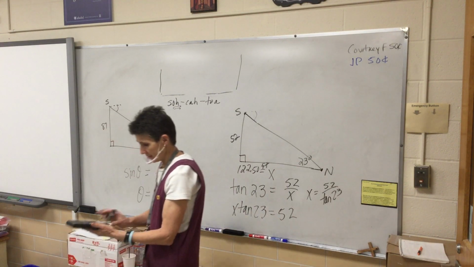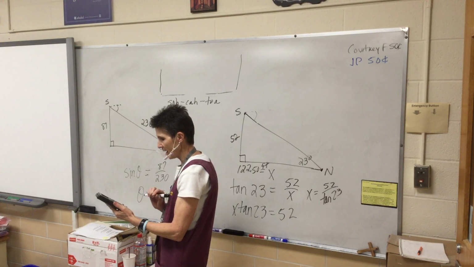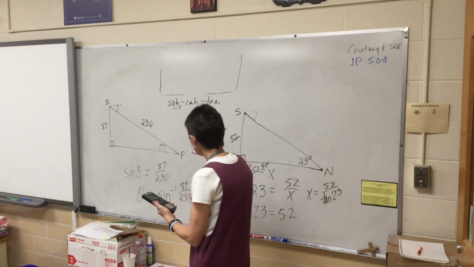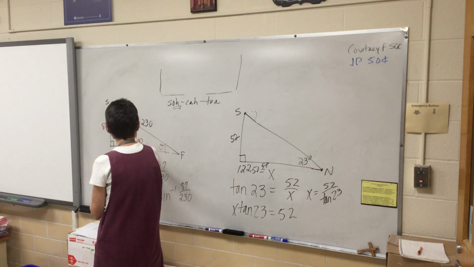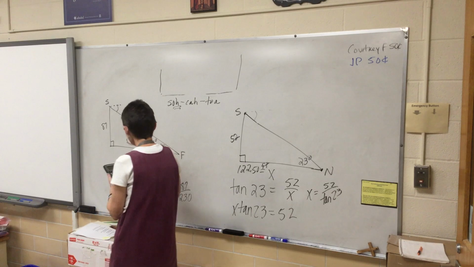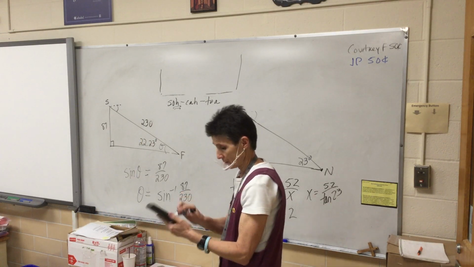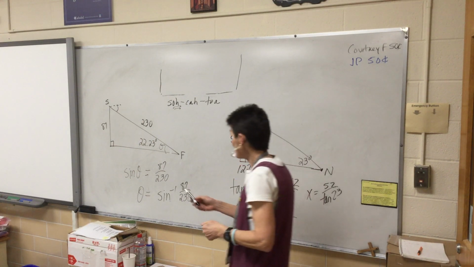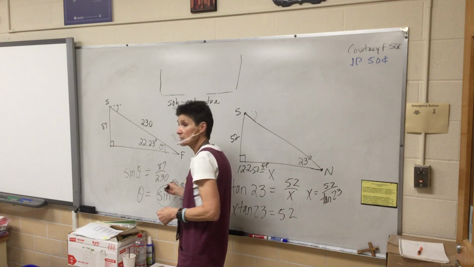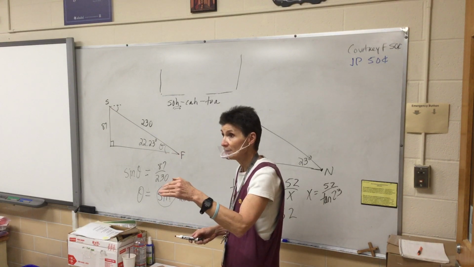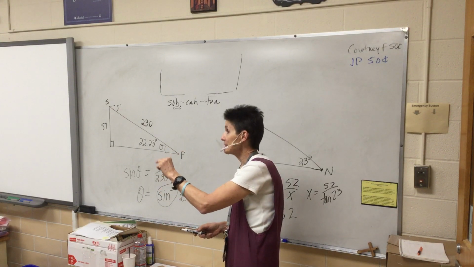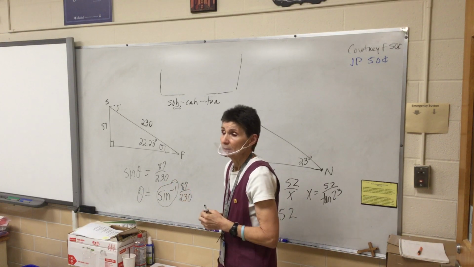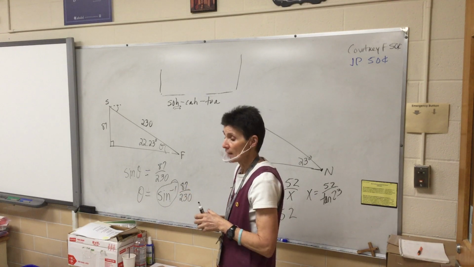So on your calculator, you'll press inverse sine 87 divided by 230, and that angle is 22.23 degrees. So when do I use my inverse functions, inverse sine? When my variable is an angle. If your variable is an angle, it's inverse sine or inverse cosine or inverse tangent.